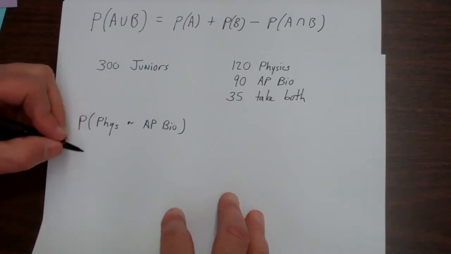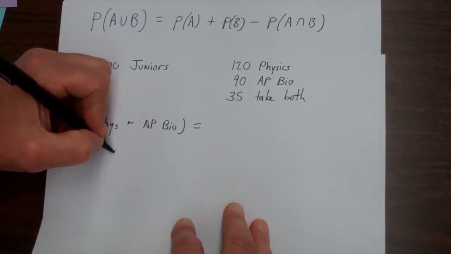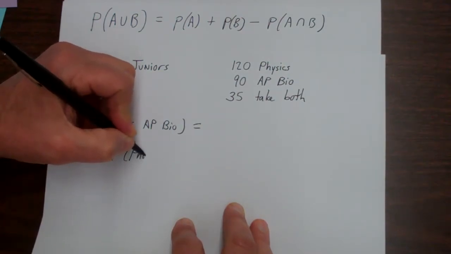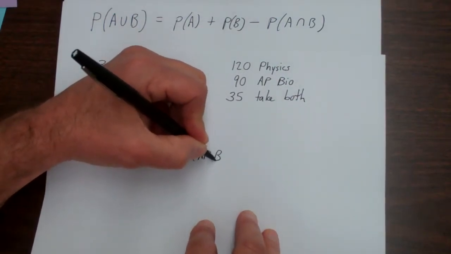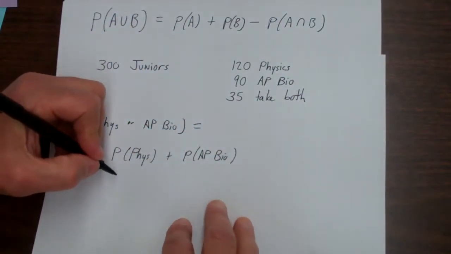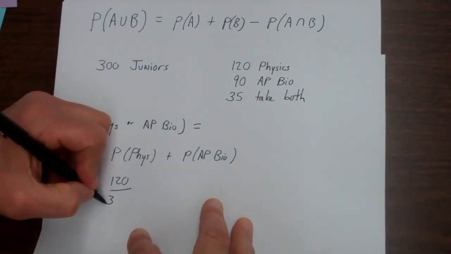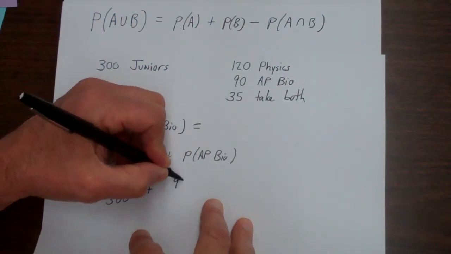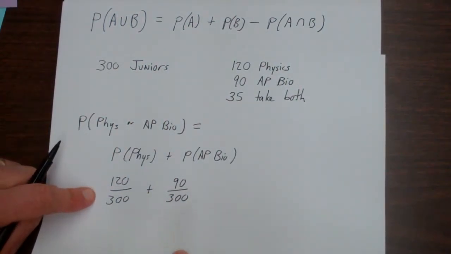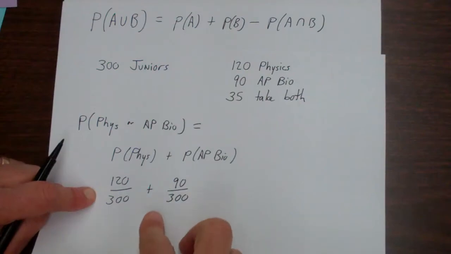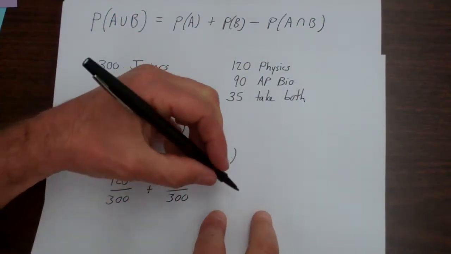Well, in that case, if you think about the probability of physics or AP bio, if you add up the probability of physics plus the probability that you're in AP bio, you would get 120 over 300 plus 90 over 300. But the problem there is if you do that, then you're double counting these 35 that take both, so you have to subtract that out.